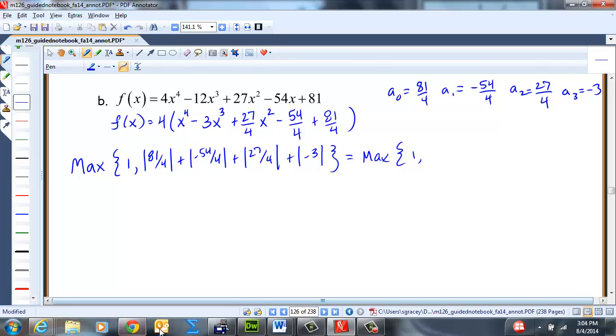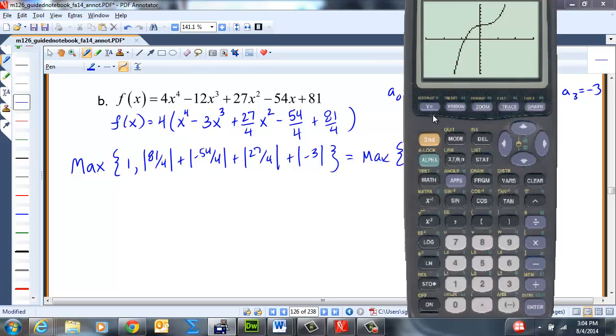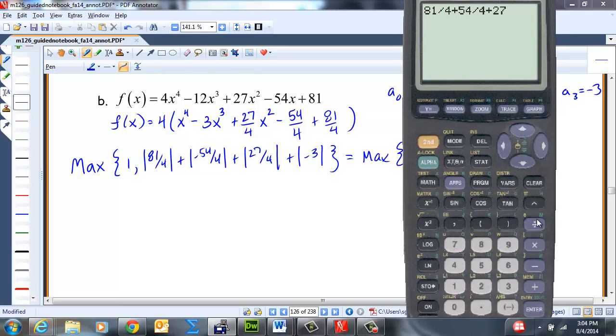Actually, been a long week. Let's just go ahead and do it on the calculator here. So we're going to quit out of the graph momentarily. All right, so 81/4 plus 54/4 plus 27/4 plus 3. It'll give us a decimal.